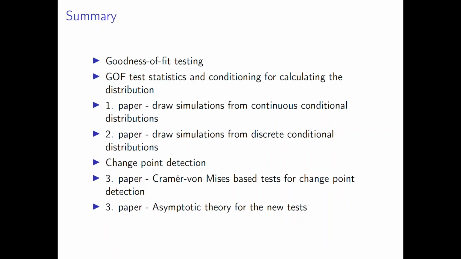And we talked about the third paper, where we defined new Cramer-von Mises based tests, two tests, a summation type test and a maximal type test, and we also talked about the large sample theory for the first, summation type test, and we also did a real life example. We showed how these methods work on real life data sets.